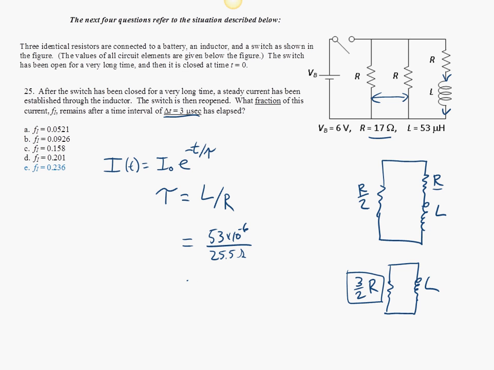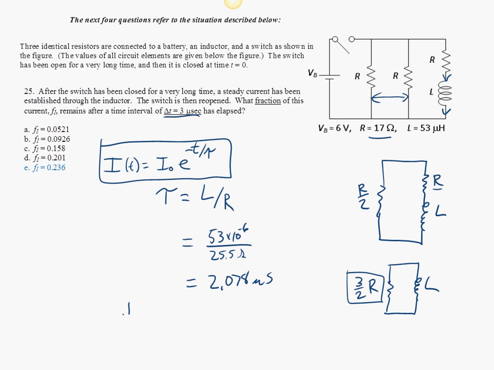And when we put that all together, we get a time constant that is, just one second, is 2.078 microseconds. And so we can just substitute that into our expression up here.